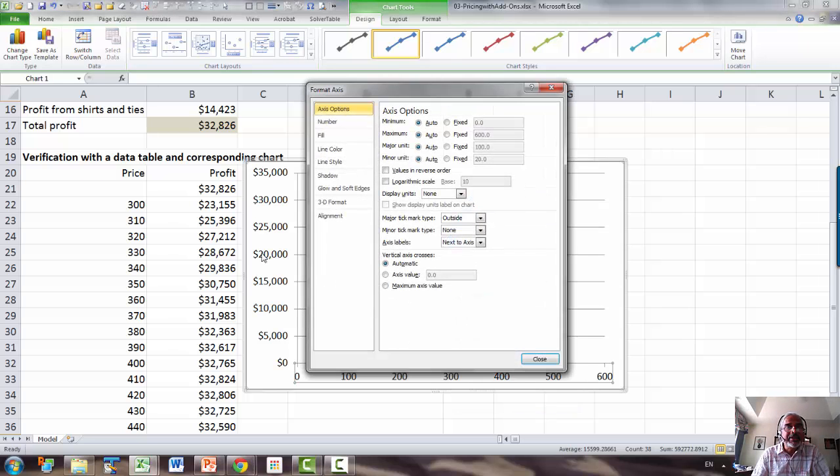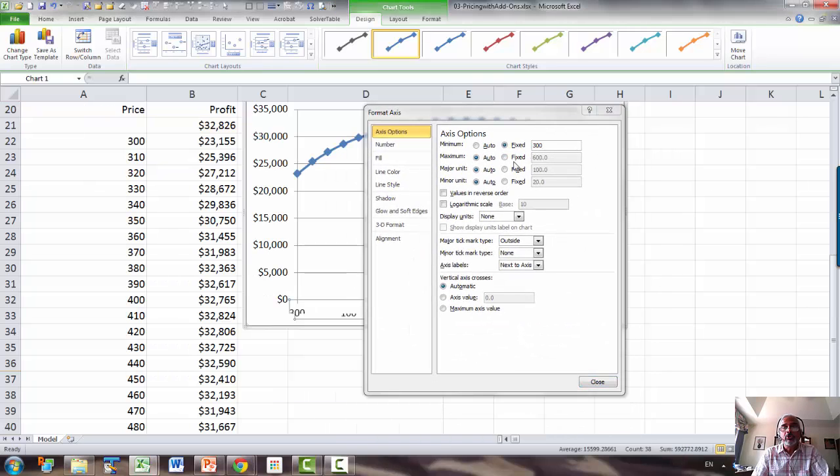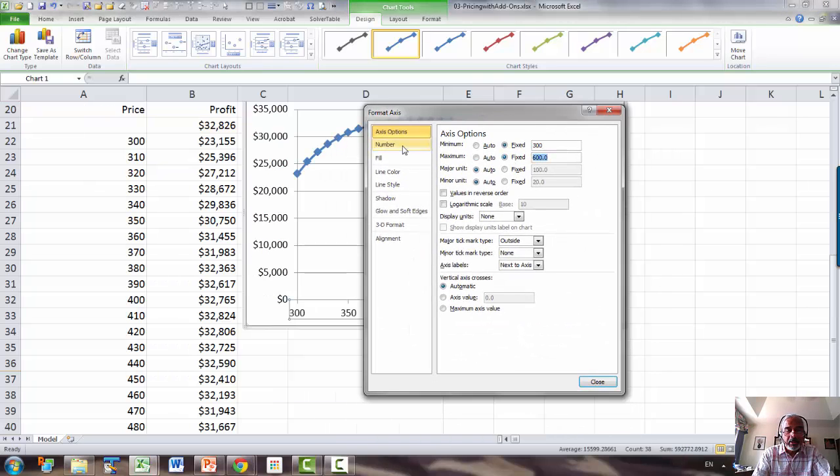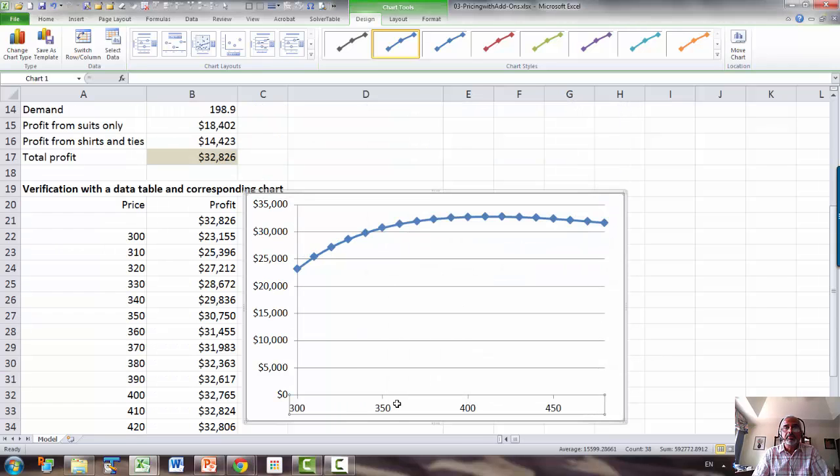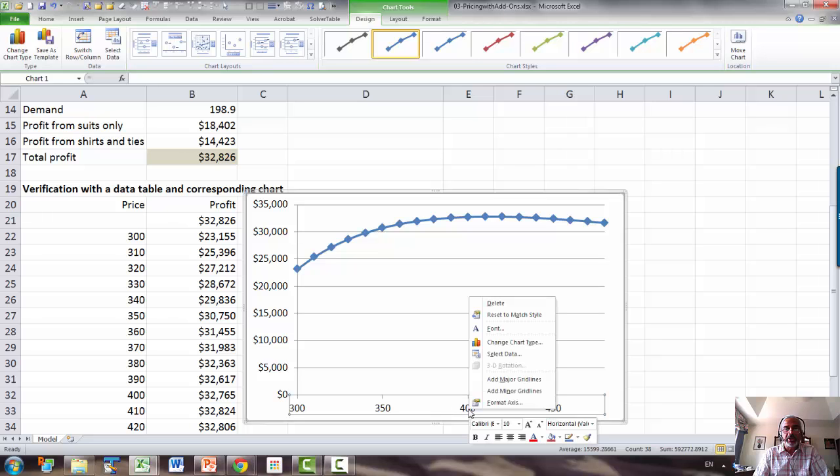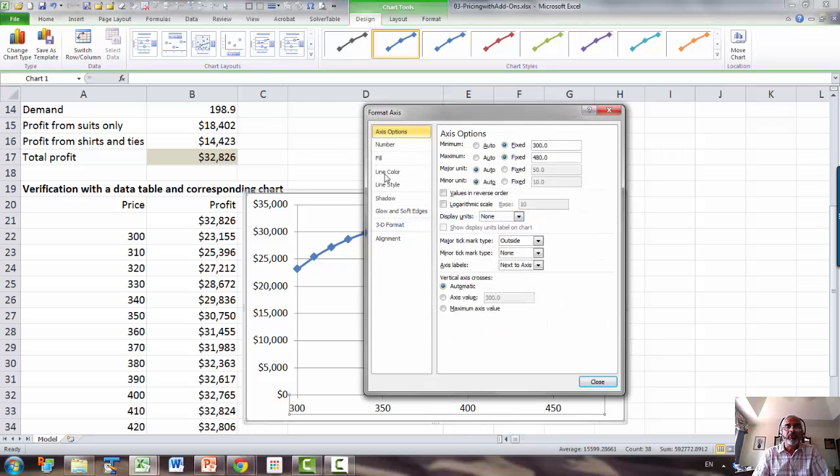Now let's plot these profits. Change the format for x-axis, going from 300 to the maximum, 480. Let's change the number format also.